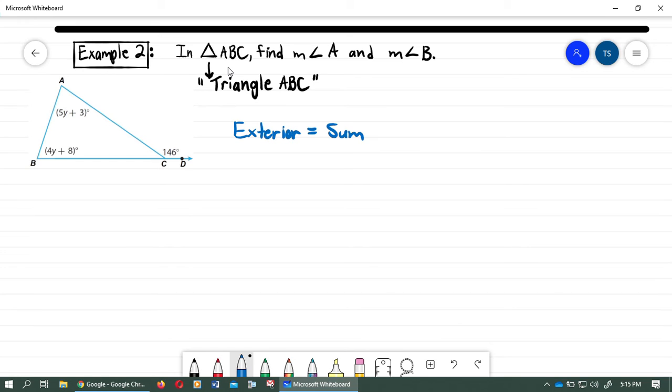It's just true. It's equal to the sum of the two opposite interior, remote interior, non-adjacent interior angles, whatever you want to call them.